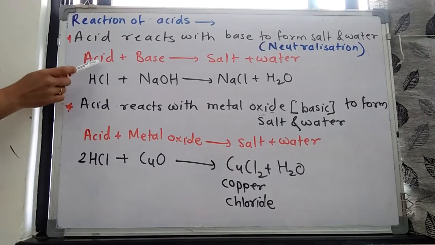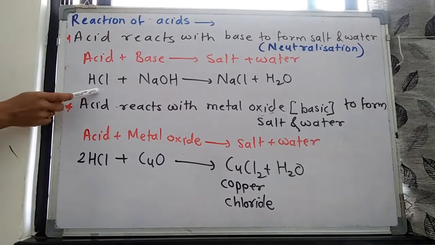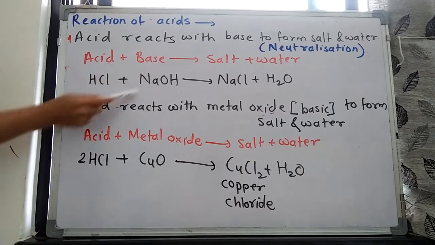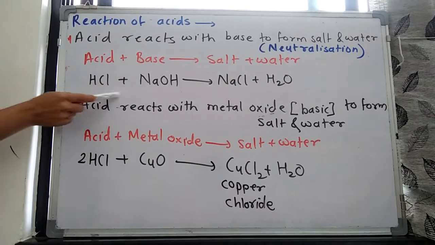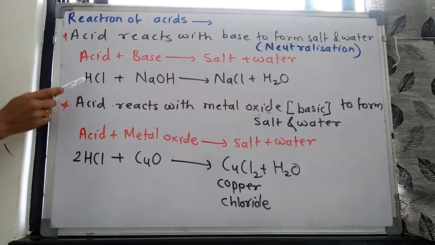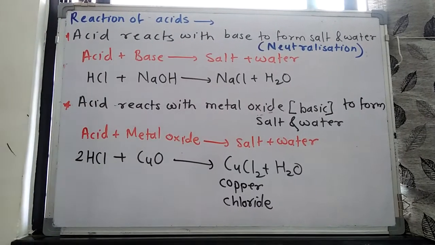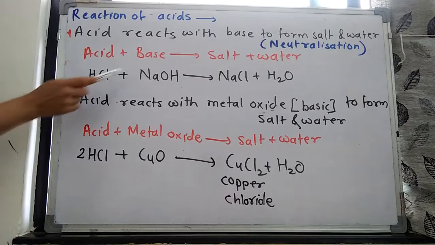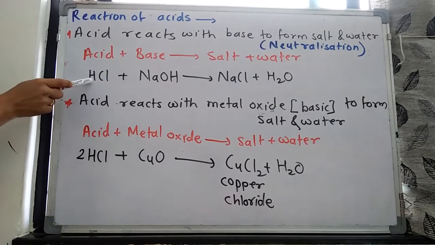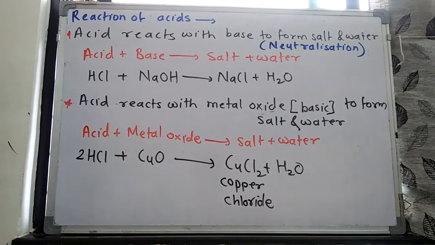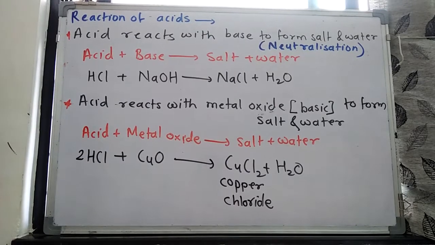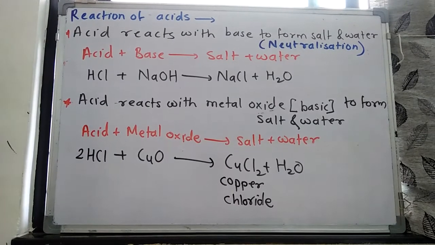Now we have taken an example of acid. What is acid here? HCl. Base, NaOH. This Na and this Cl react with each other to form NaCl. This H and OH react with each other to form water. So HCl, hydrochloric acid, and NaOH, sodium hydroxide, react with each other to form salt, NaCl plus H2O. So this is a neutralization reaction.